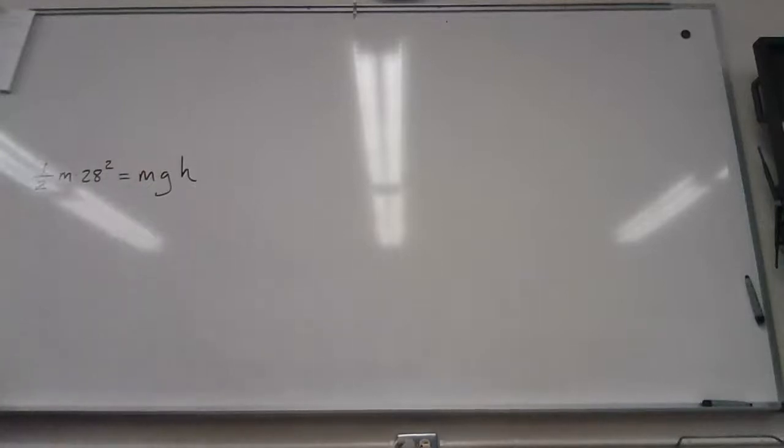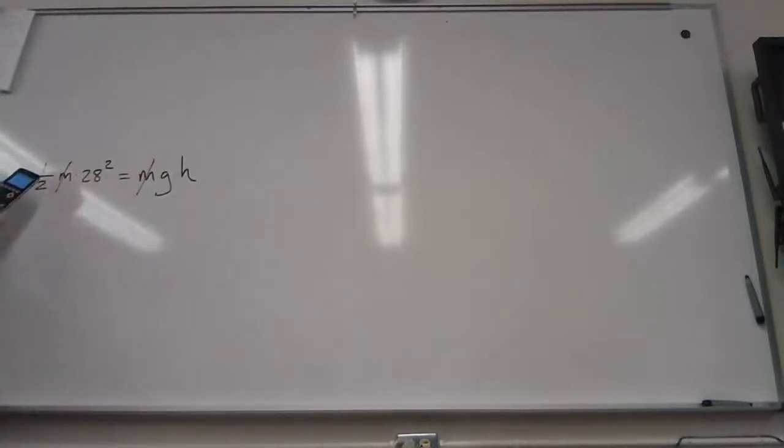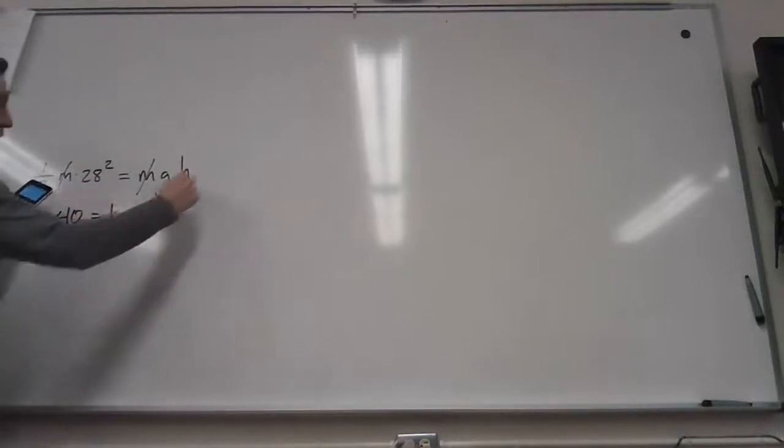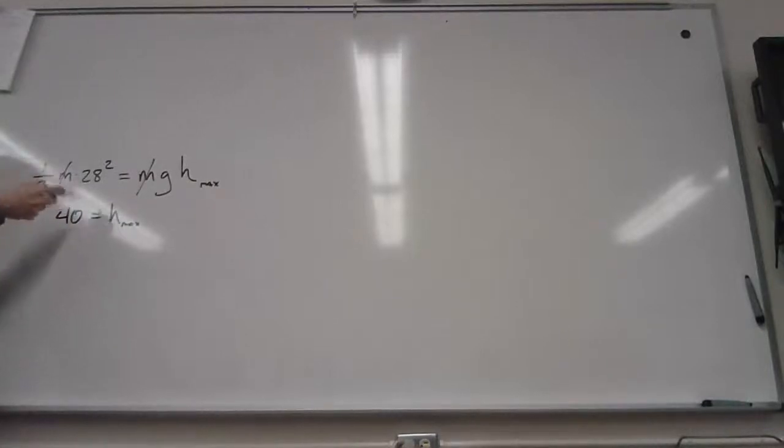So Mr. Calculator, the m's would drop out, and I'd have 28 squared divided by 2 divided by 9.8. And indeed, hope I didn't confuse anyone, right? I was just confirming that the premise of the question is correct. If you shoot something up at 28 meters per second, the math works out that it happens to be a 40 meter max height.